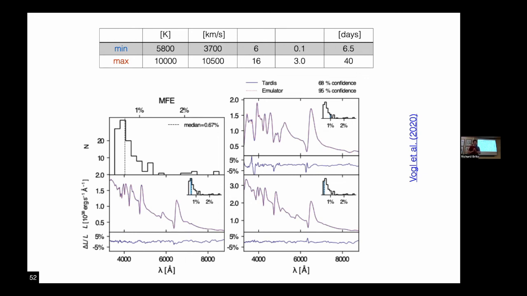Any questions? So you said this is not the main source of possible systematic error. So what is your main concern? Is it the CSM? CSM is definitely a concern, yes. There are studies by Hillier and Dessart who have tried to figure out how type 2 supernova spectra are modified when there is a different amount of CSM around the supernova.